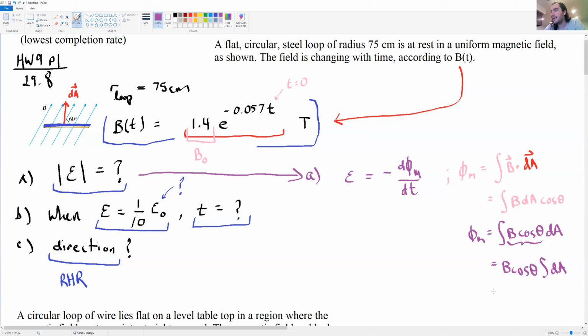It seems like we're taking a really long time to just find this expression BA cosine theta, but I hope you find that the discussion we've had along the way is valuable, because this expression is not always going to be true. You have to understand when you can apply BA cosine theta.